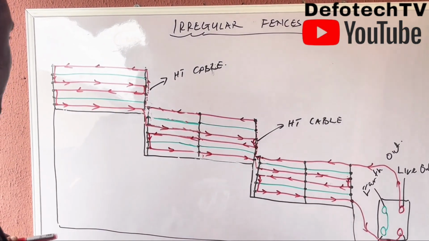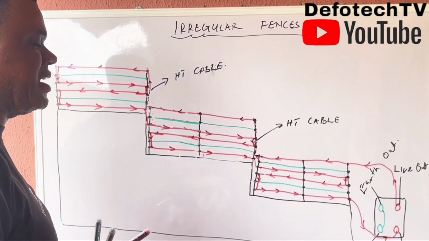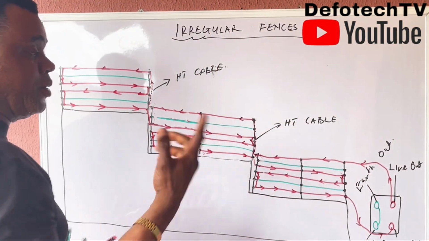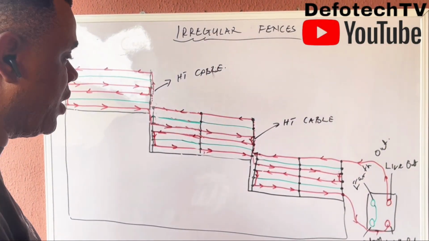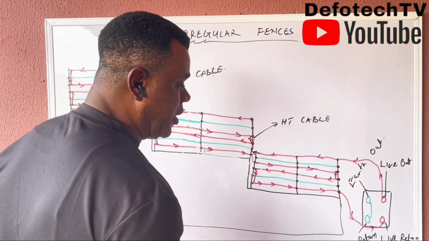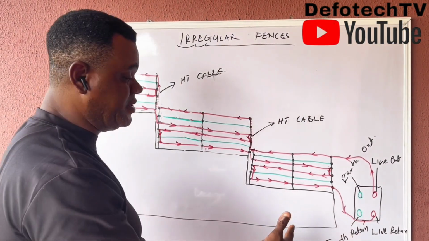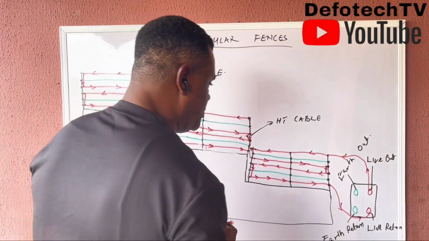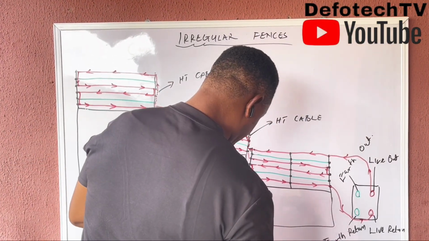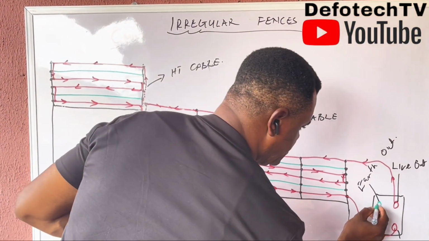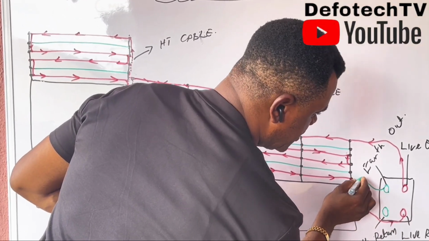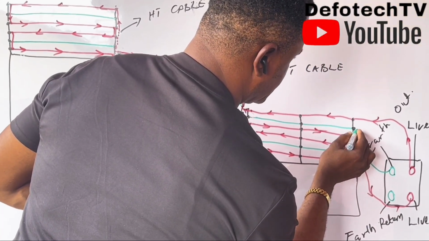So what is left now is the earth. I can decide to use the single earth system or the double earth system. Let's use the double earth. What I'll do is to take the looping that comes pre-looped from the energizer, take it out, take the cable from here. This is out, right?